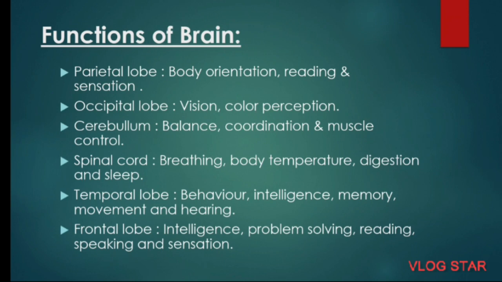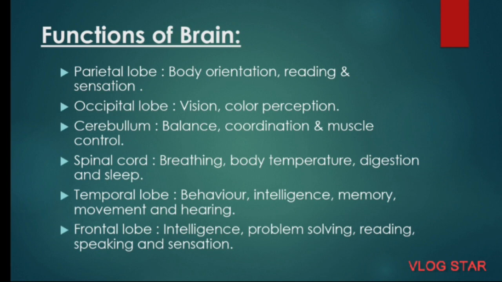Next is the occipital lobe. The function of the occipital lobe is vision, color, perception. So this part is involved in vision, as you can recognize the different colors and what you see, all these things.